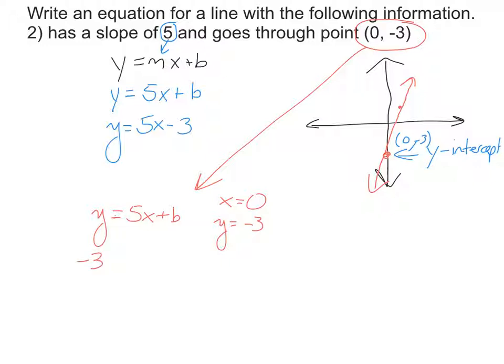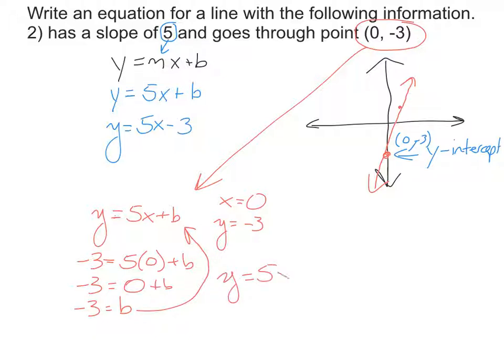So -3 equals 5 times 0 plus b. Well, 5 times 0 is 0, plus b. And 0 plus b, anything added to 0, stays the same. So b is -3. So all I wanted to know was the y-intercept, and I can now plug that in. So y is equal to 5x, and then b is -3.